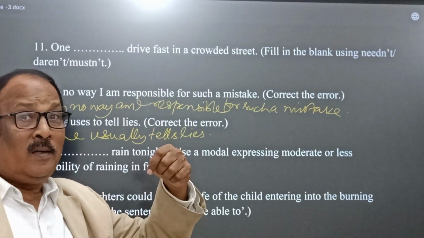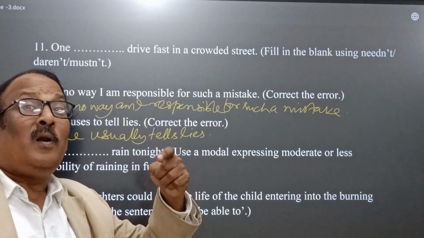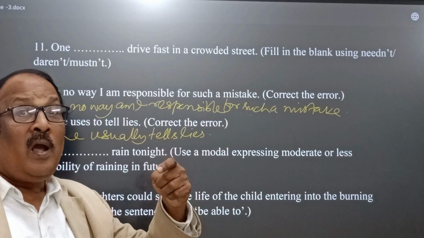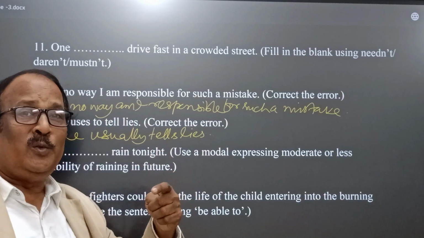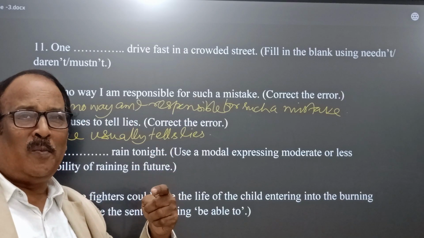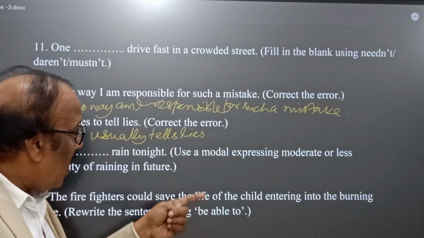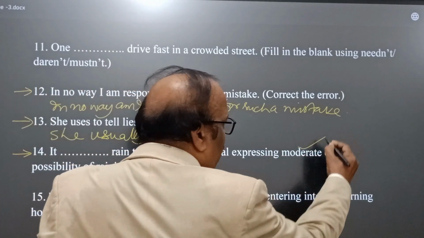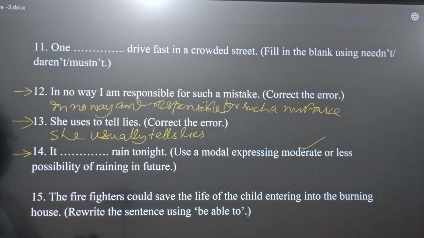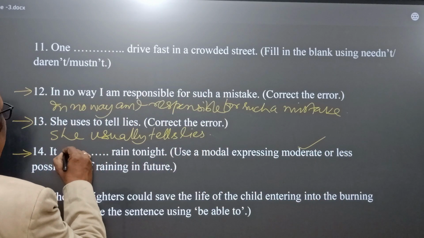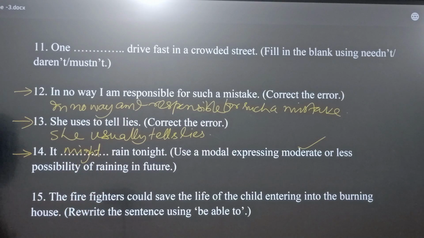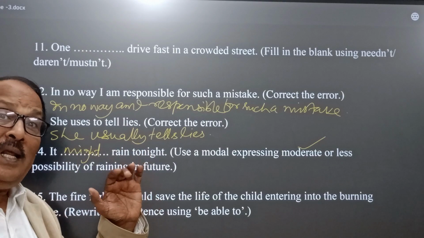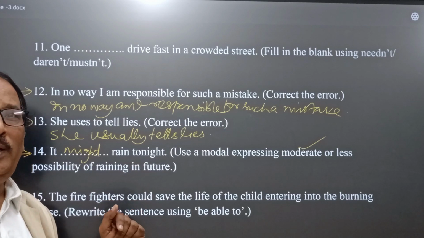But might is used for less possibility or moderate possibility of action, but could is used for least possibility of action. Therefore, as we have to use moderate or less possibility, the correct answer is it might rain tonight. It means there is less possibility of raining tonight.